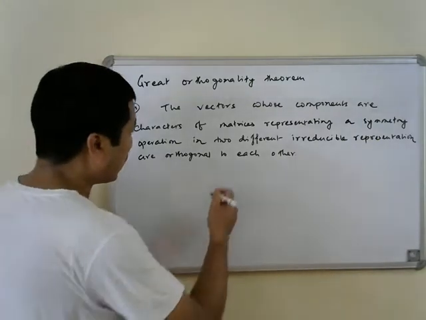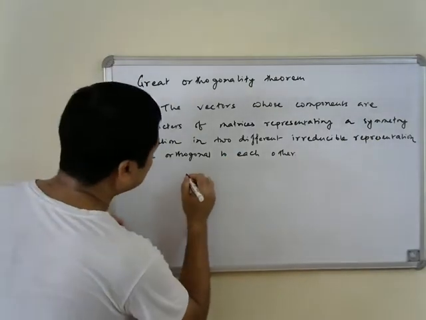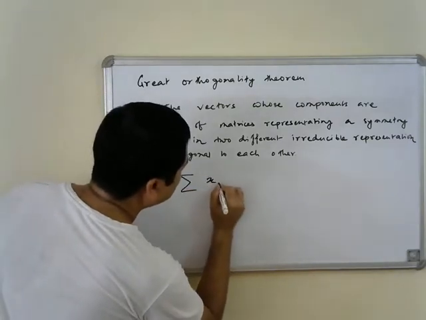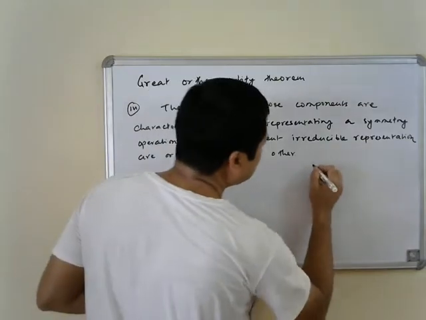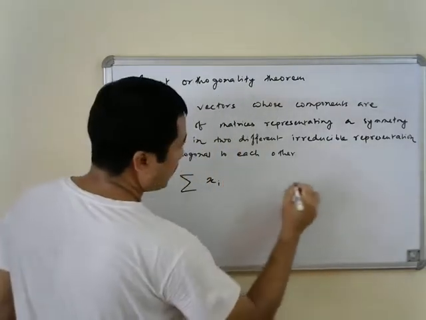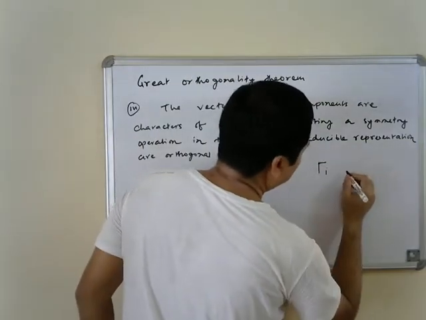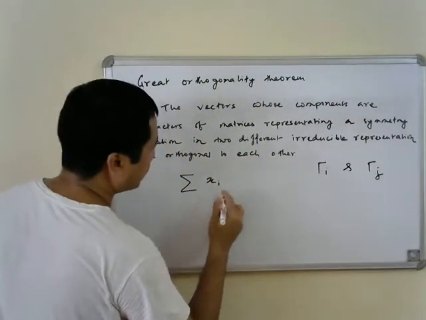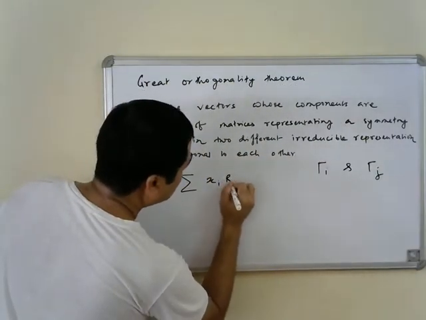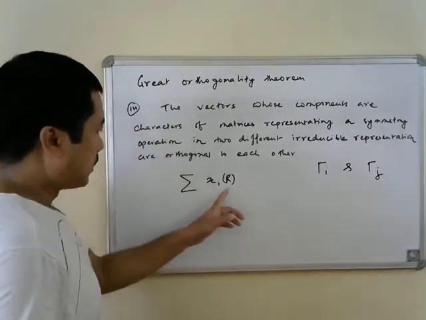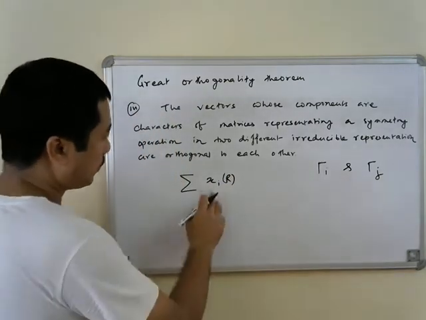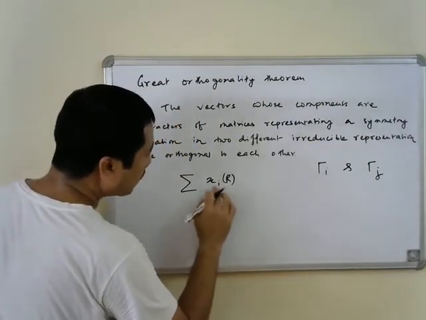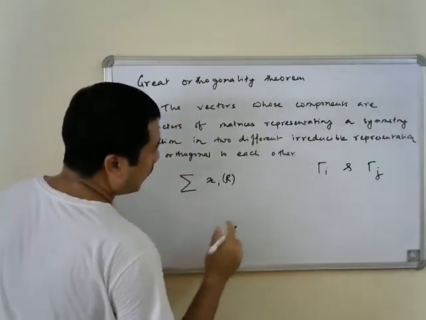So how do we express this mathematically? If we take again the sum over chi for the irreducible representations, say gamma i and gamma j, we have the character for symmetry operation R for the gamma i irreducible representation equal to chi_i(R).